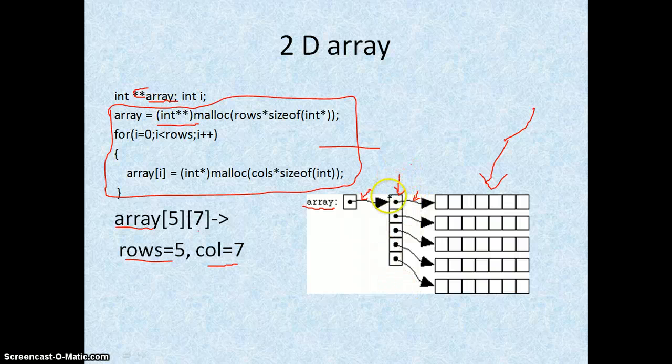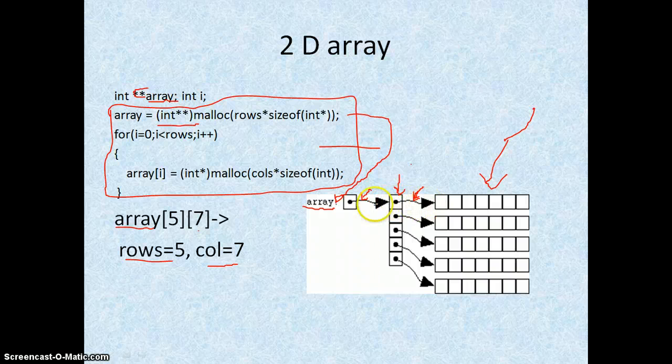Now when we want to allocate memory for this location, we traverse only one pointer over here. Now if you go to this figure and relate it with this variable, array is a two-level pointer, that is int star star, so we traverse two pointers.